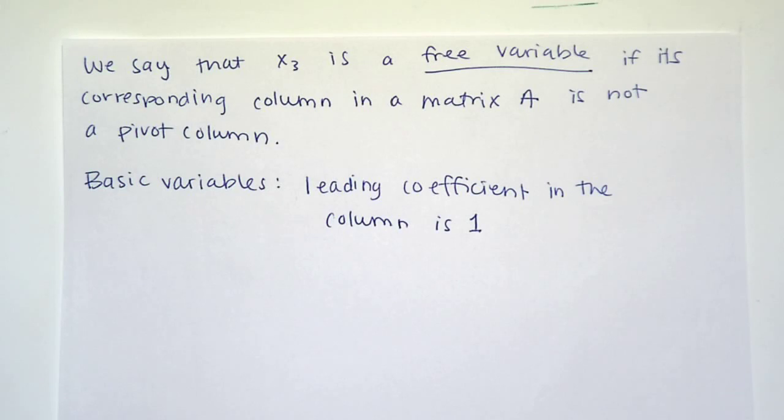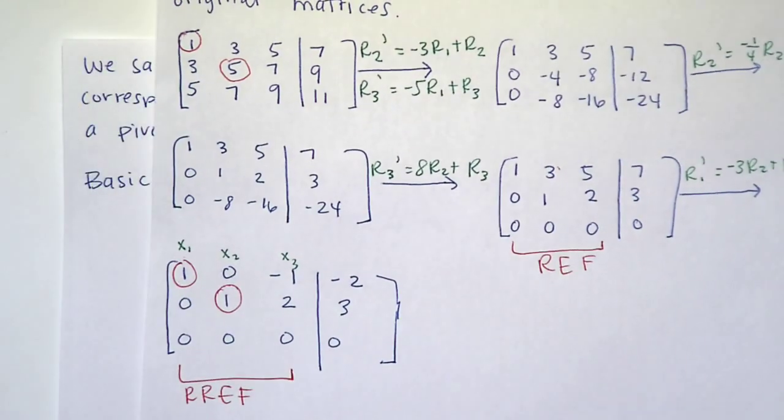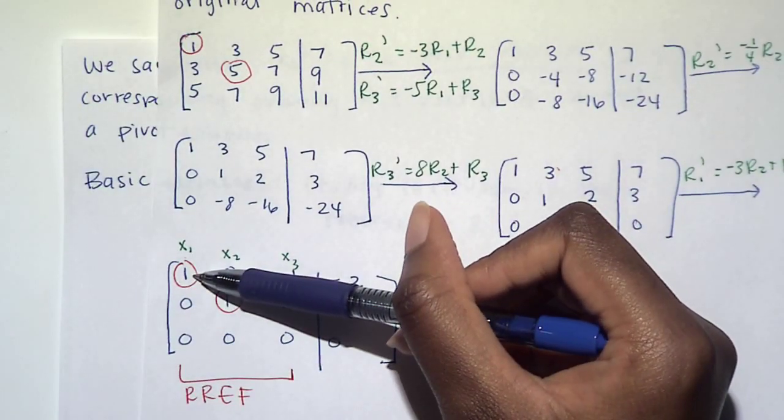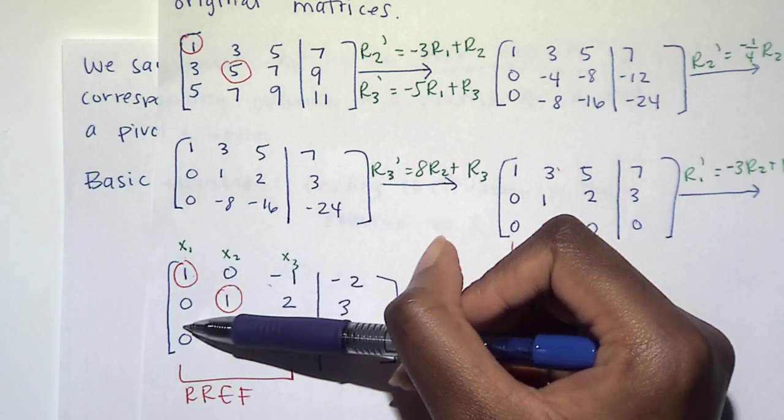So if we look at the previous example, once we row reduced our augmented matrix, the leading coefficient in this column is 1.